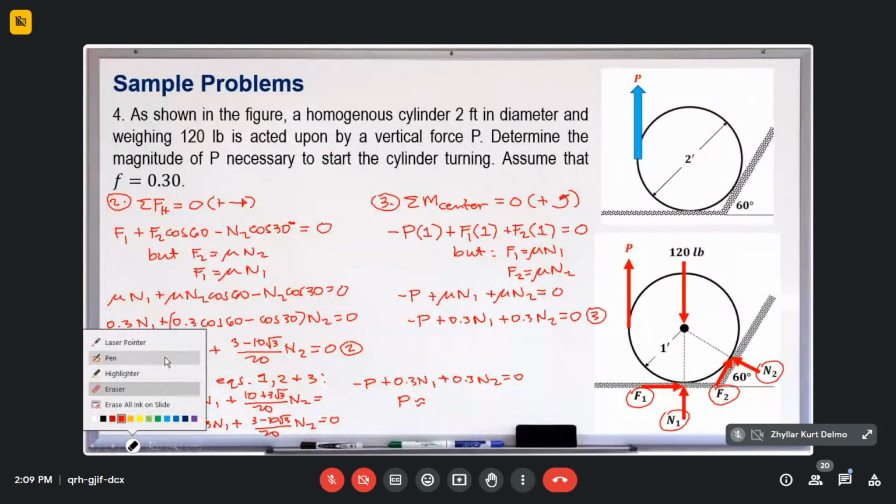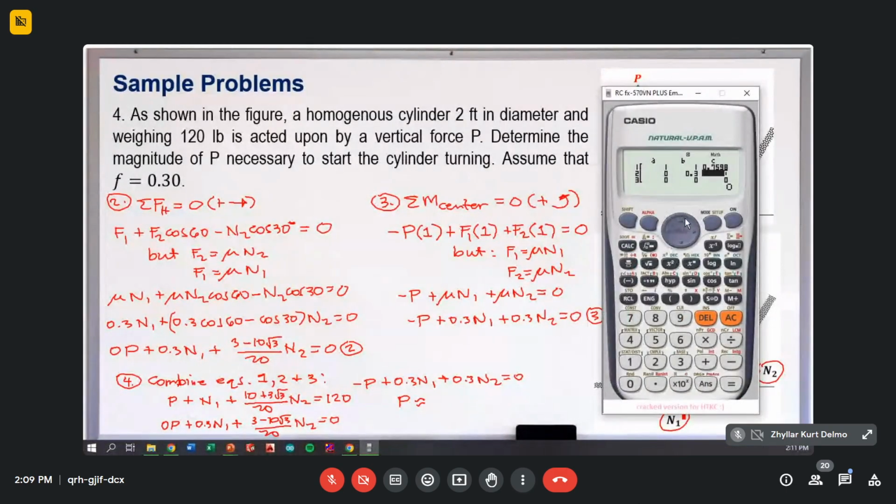If everything is 0, the values would also be 0. This is 120, sorry, I forgot. Okay, this must be 120. Okay, so 0.3, then for the third, this is 3 minus 10 square root of 3 divided by 20. Then the constant is 0.